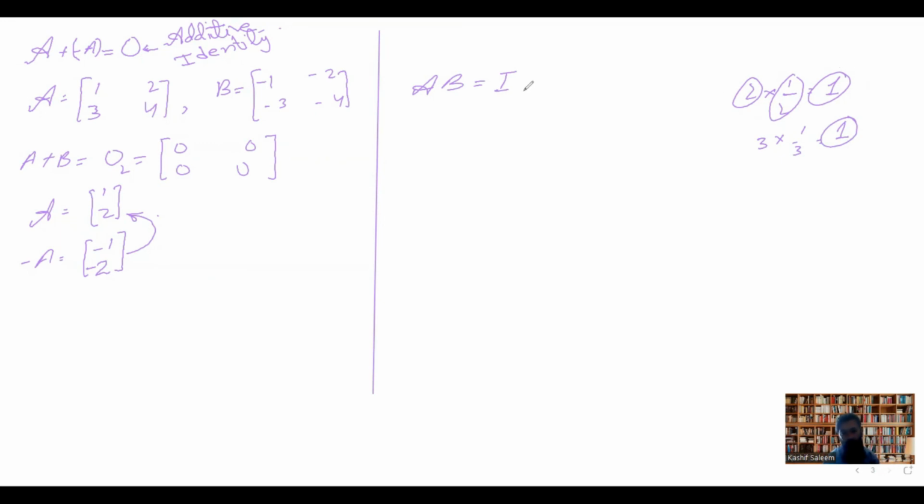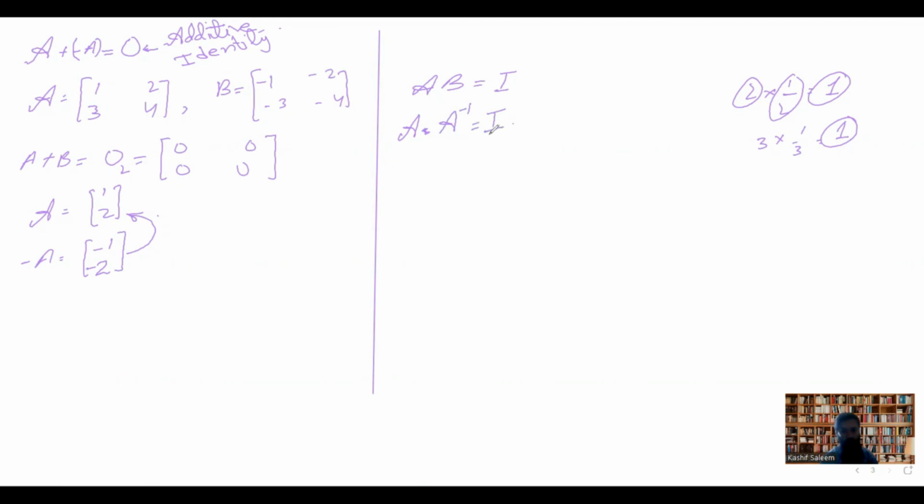Now we have a matrix, which is not a real number, but a matrix. So you have to define a matrix which is an identity matrix. So if you multiply A and B, then your answer should be equal to I, and the order of the matrices should be the same. So if you have a matrix A and you want to multiply it by a matrix B, we represent it as A inverse.